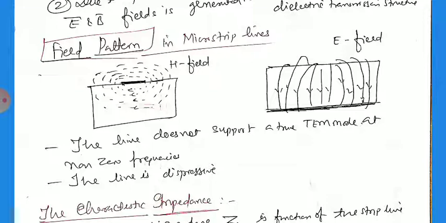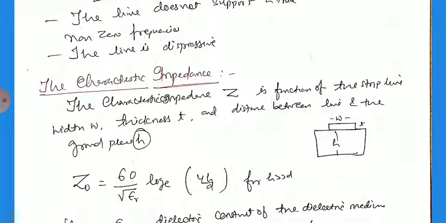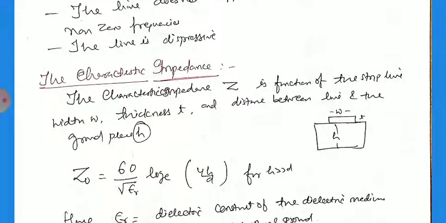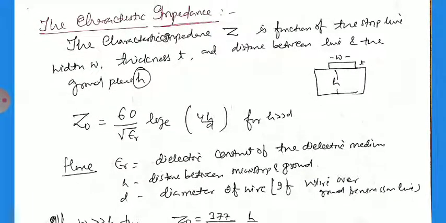Now, what is the characteristic impedance of it? The characteristic impedance Z is a function of the strip line width W, thickness T, and the distance between the line and the ground plane, that is H, W, and T. So Z0 equals 60 by root of epsilon r, logarithm of 4h by d. H is this one, and d is the diameter of the wire if we are using a circular wire in place of this rectangular strip.